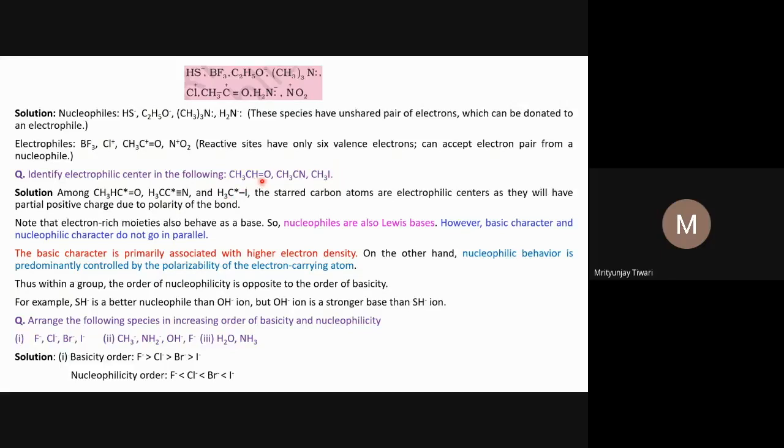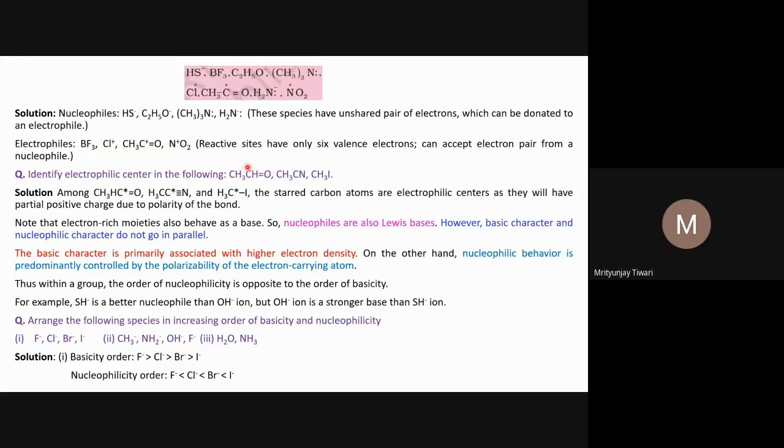So what do we see? Because of the high electronegativity of oxygen, a partial negative charge will accumulate at the oxygen because of the shifting of electron density toward oxygen, and so the electron density will be depleted from this carbon. Electron density is depleted from this carbon.